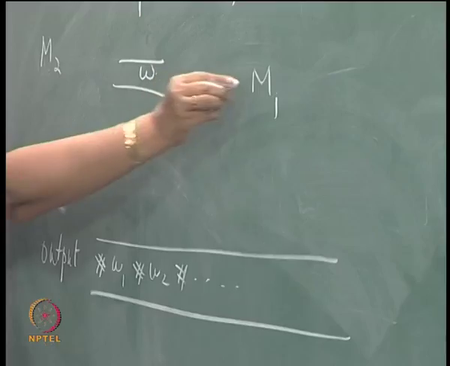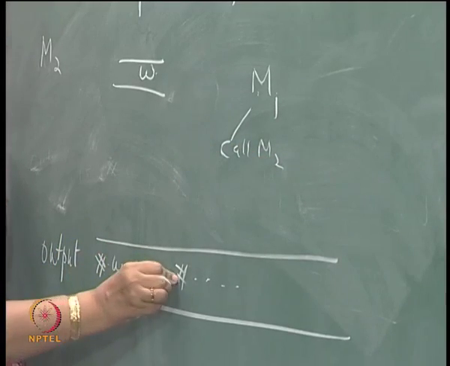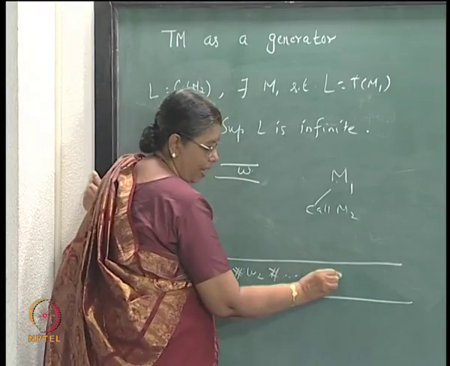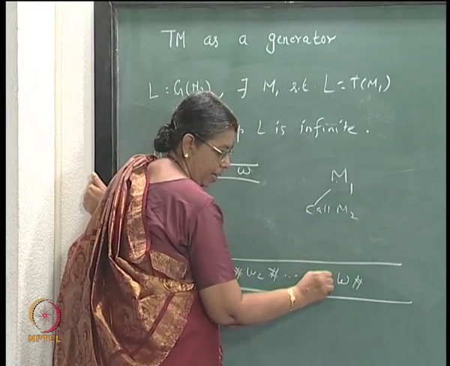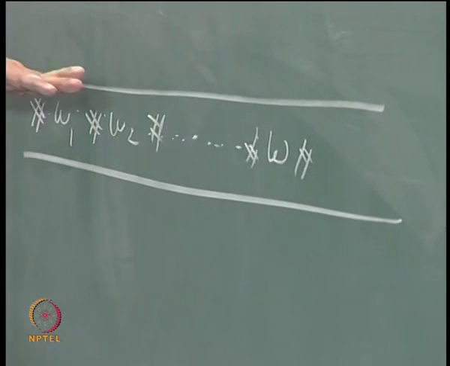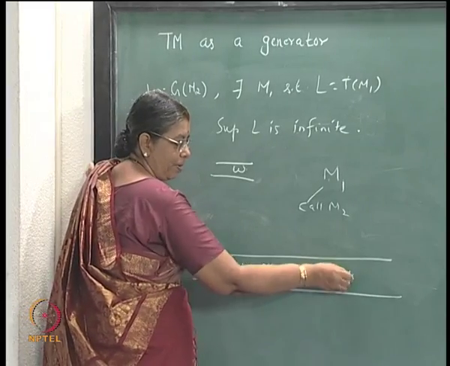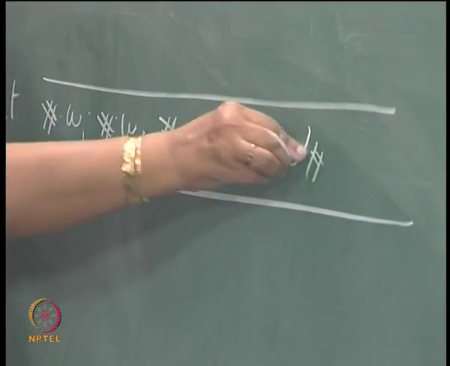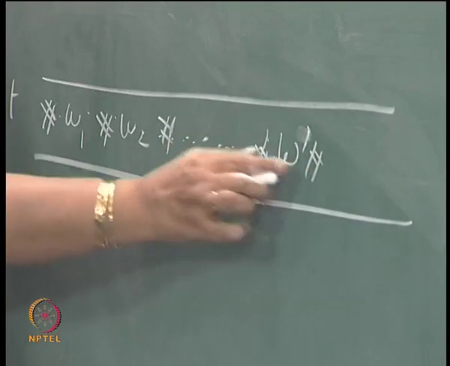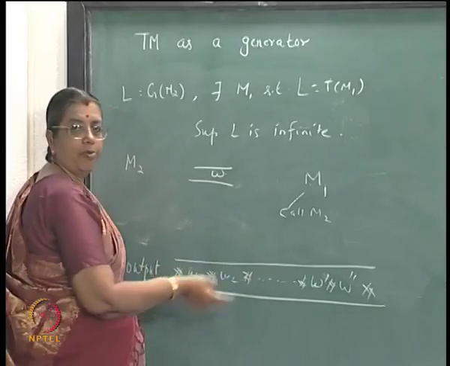What M1 does is it will call M2 as a subroutine, keep on printing the strings here. At some stage W will be printed. This is in a canonical order, lengthwise and within the same length lexicographic order. So, at some stage W will be printed between two hashes, or some string W dash which is less than W will be printed, next W2 dash which is greater than W will be printed.